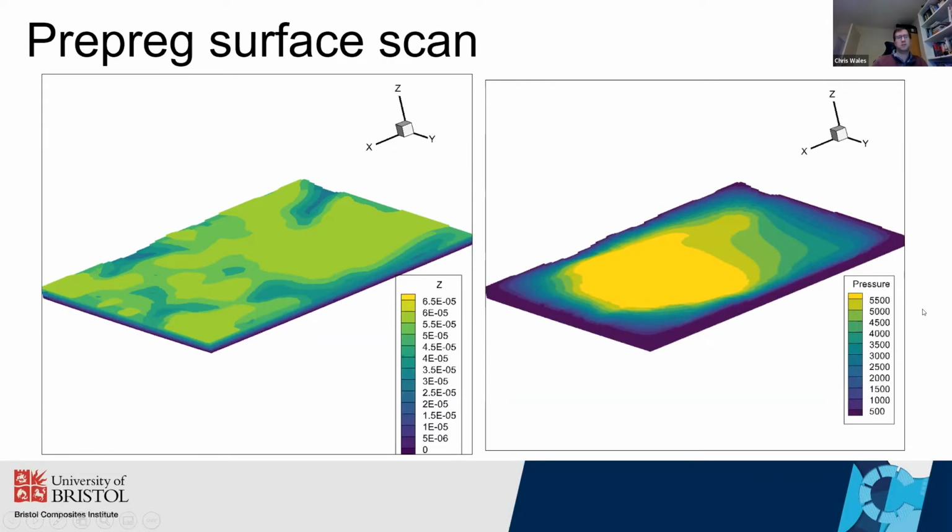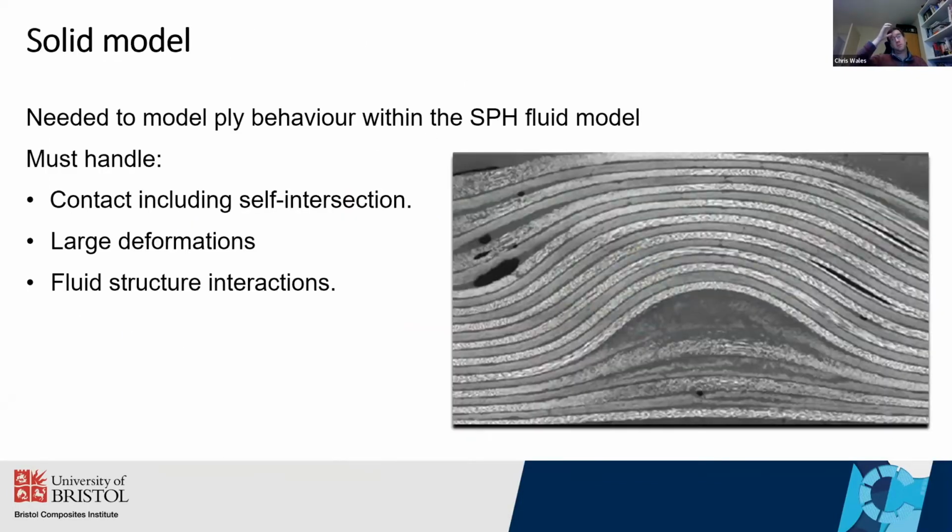So that's what we're going to look at in terms of pure resin experimental data. But obviously, composites aren't pure resin. We have resin layers, and then we have fiber layers. So at the Bristol School, we've been working on a solid model for the fiber. This is being done by a PhD student, Stefan Anderson.